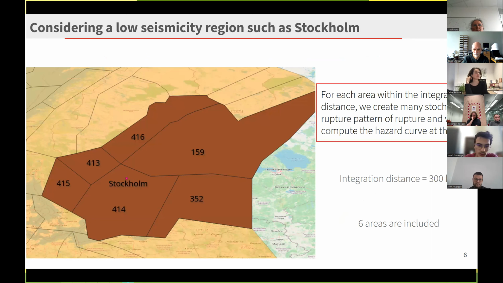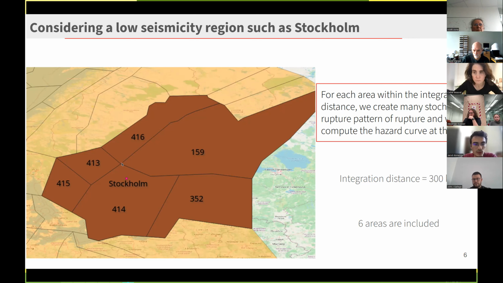To compare these two results, we took the model of ESHM20, which is the European Seismic Hazard Model of 2020, which is the result of PSHA carried out for the Euro-Mediterranean region. For this case, we take the model of ESHM20, we take our model and we try to see the difference between these two.